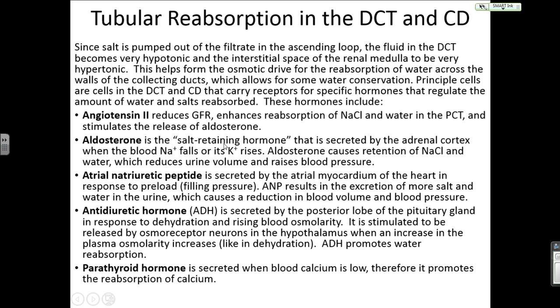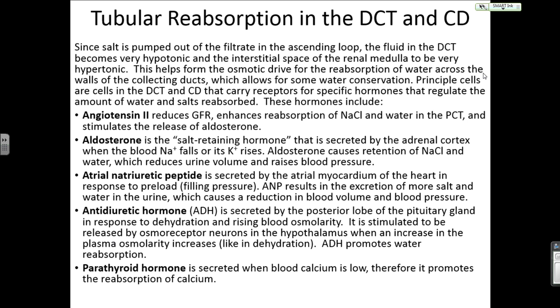Aldosterone is our salt-retaining hormone, so if we release it, we're going to retain salt, sodium chloride, and water, therefore reducing urine volume. And as we learned the other day, if there's more blood volume, there's more blood pressure. This is all stuff we talked about the other day.